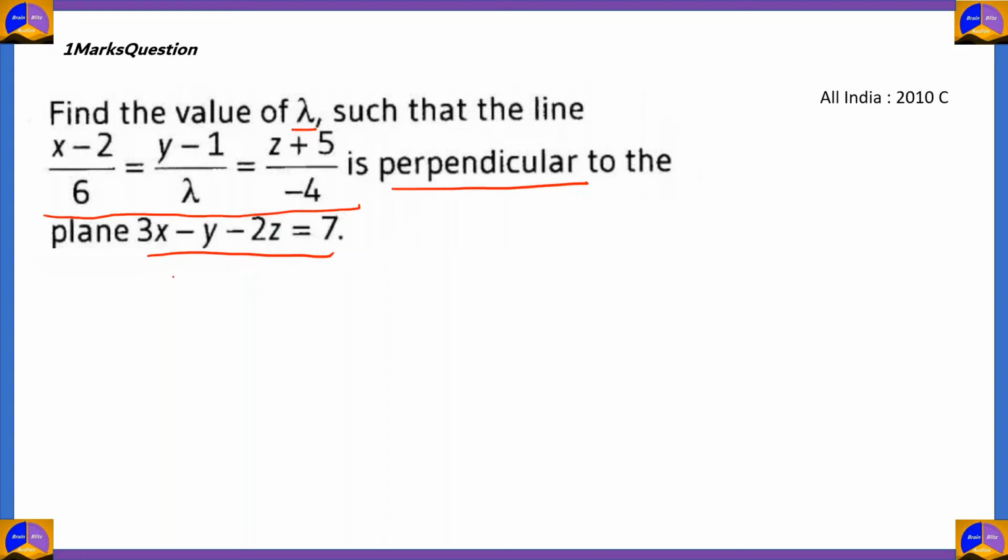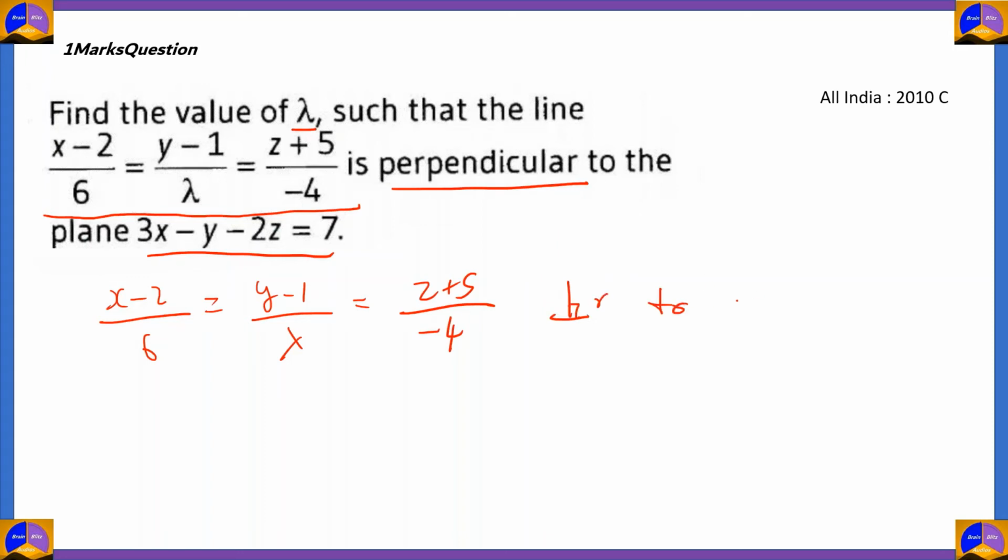So the line x minus 2 by 6 is equal to y minus 1 by lambda is equal to z plus 5 by minus 4 is perpendicular to the plane r bar dot 3i minus j minus 2k is equal to 7.